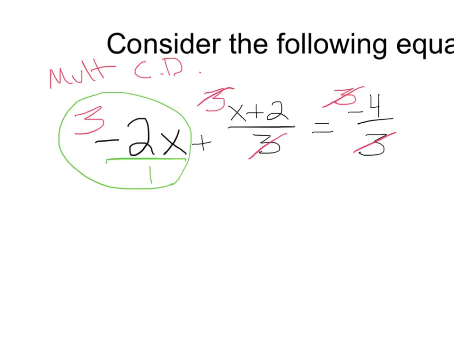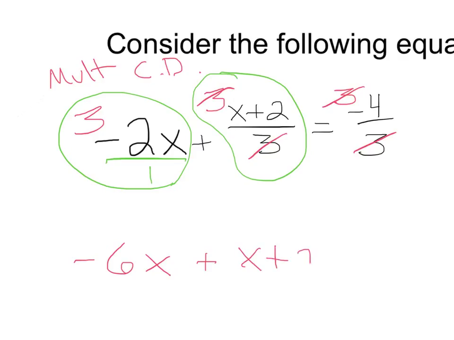So here we've got negative 6x over 1, which is just negative 6x. And then for our second one, we've gotten rid of our 3's, and we're just left with x plus 2. And then our 3's have disappeared on that last fraction, and we're just left with negative 4.